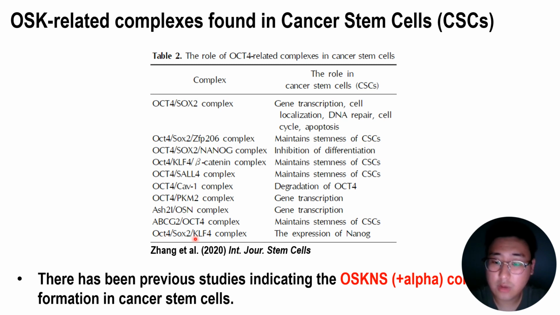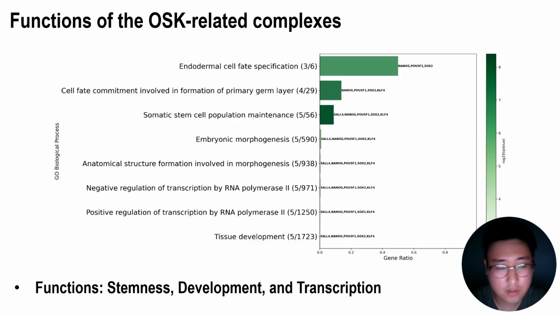And OSK together forms a trimer, or I don't know, more, a quaternary complex, for example, to function in native expression. So in terms of cancer stem cells, it is already known that these OSK factors work together to have a common function, especially in maintaining stemness and the development of the cells.